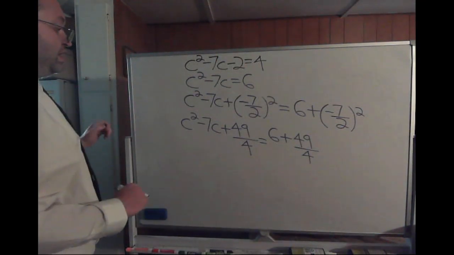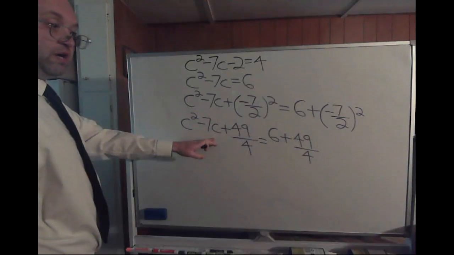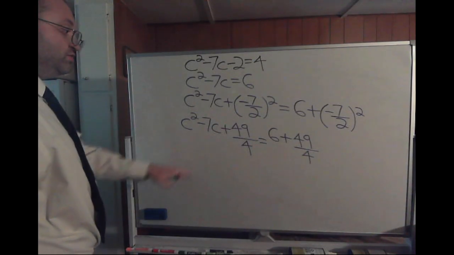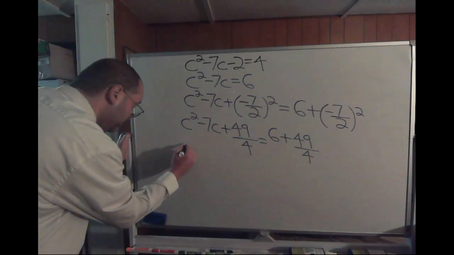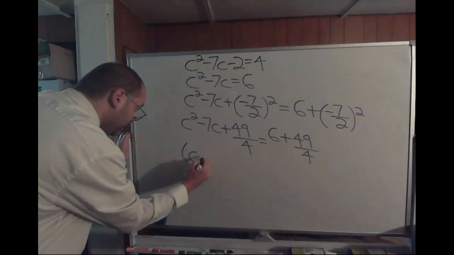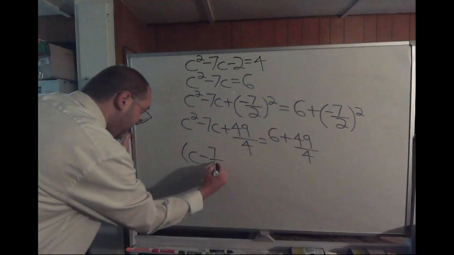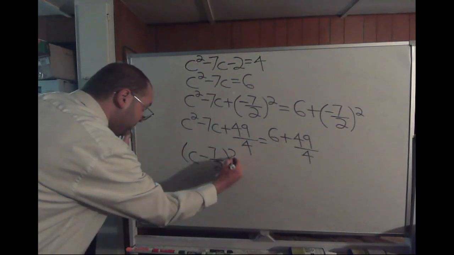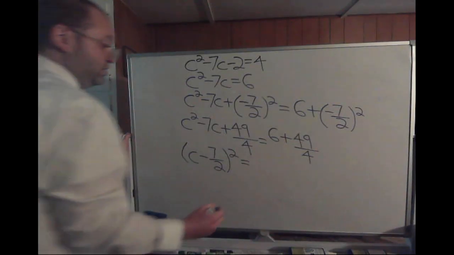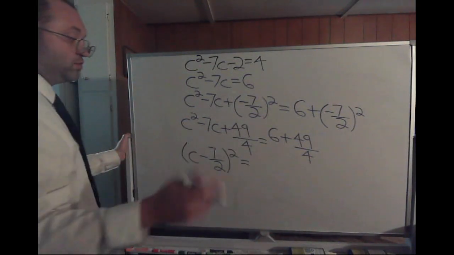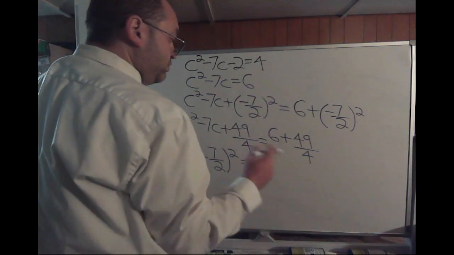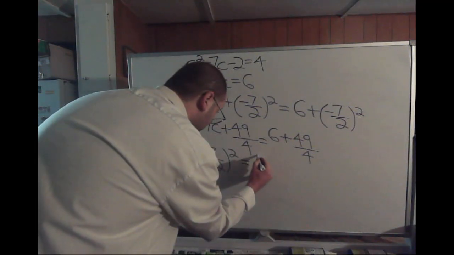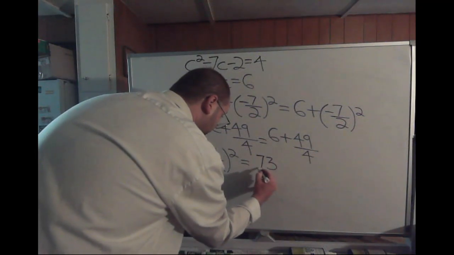Now, on the left side, this is a perfect square trinomial, so this will factor into a binomial square of c minus 7/2 raised to the second power, which would equal 6 plus 49/4, so 24 plus 49, that would be 73/4.